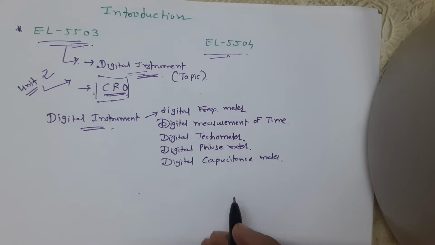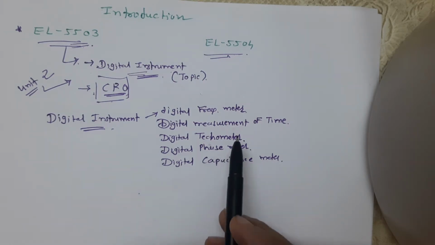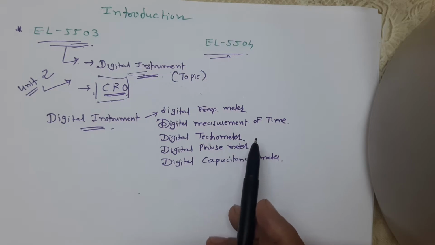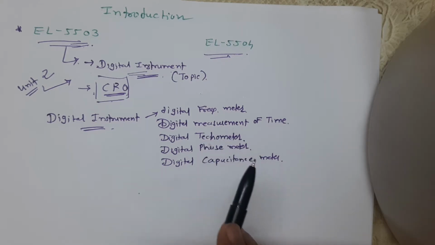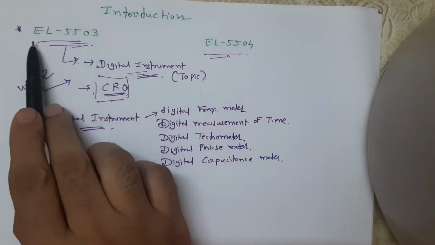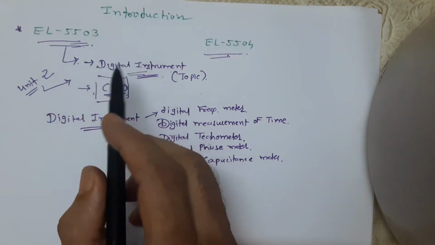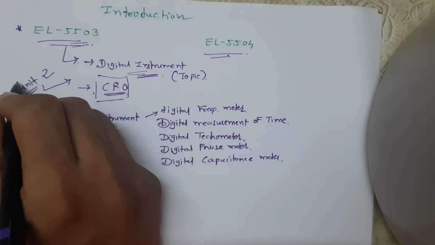These are the different digital meters through which we can measure phase, capacitance or frequency. So we study all of these instruments in the first topic of paper EL5503. All of this is in unit 2.